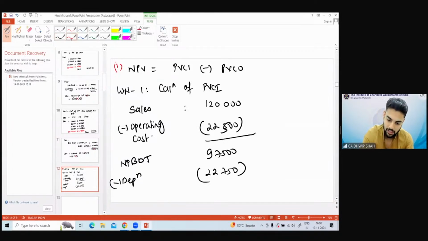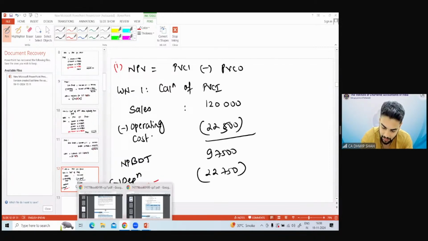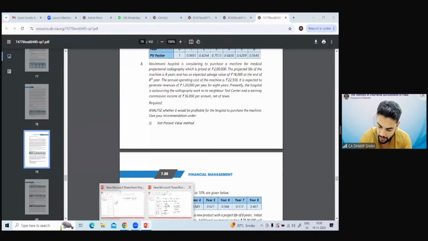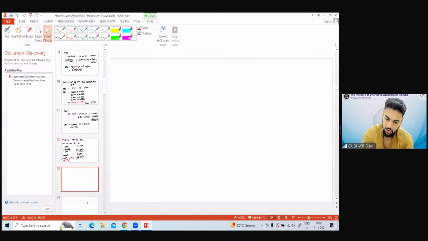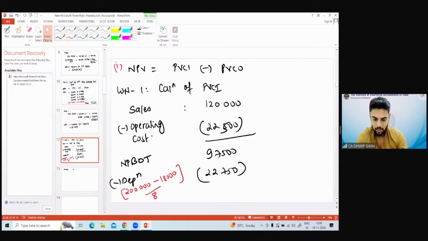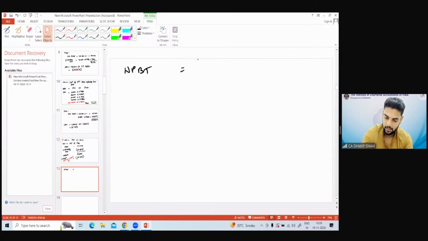Correct. How did 22,750 come? 2 lakh is my original cost less salvage. Salvage is how much? 18,000. And life is 8 years. So NPBT comes to 74,750.